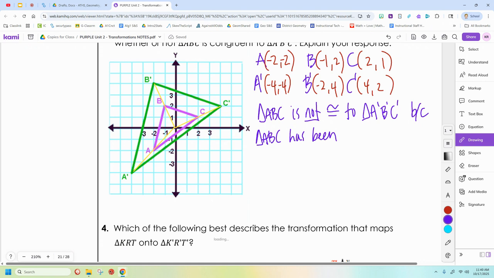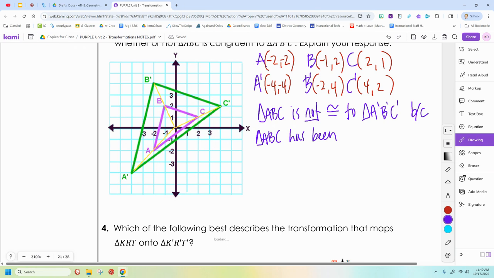Dilated. And now you've got to add not just the scale factor. What else do you have to add to that? What are the 2 things you need to say about dilation? Why did we draw those lines? To find out the what? Yeah, the point of intersection, which for dilation is called the center of dilation, right?